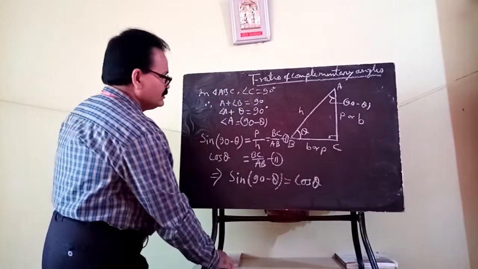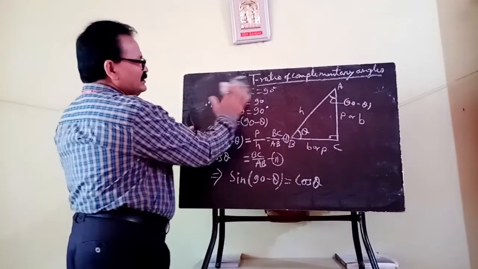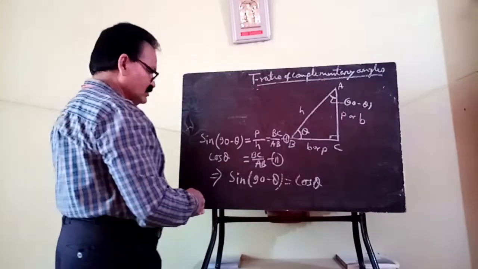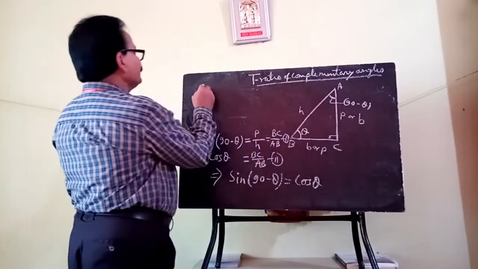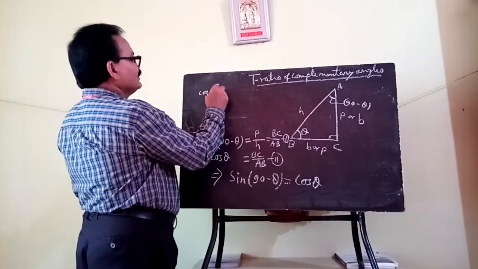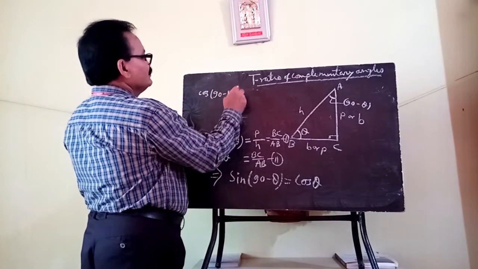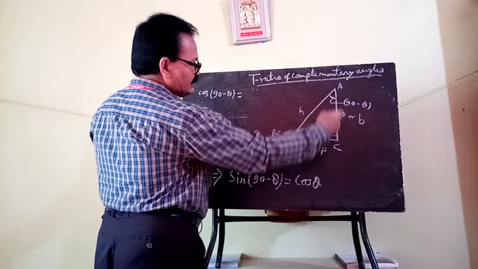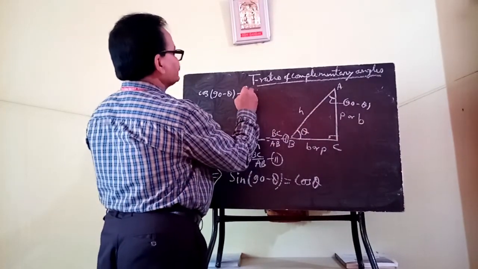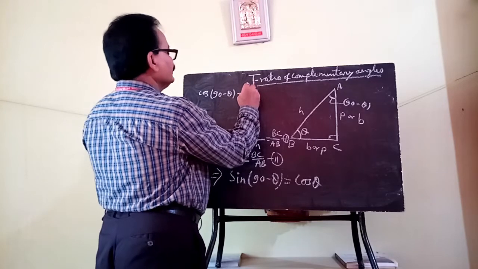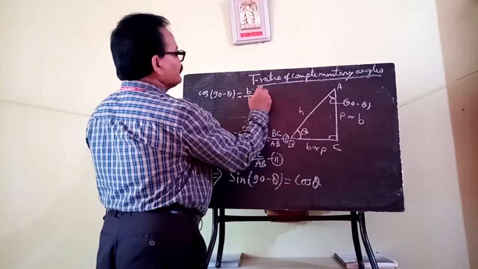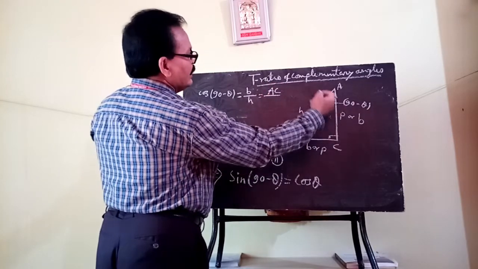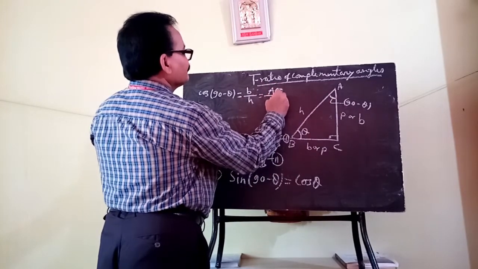Okay. Similarly, the other angle we are finding. Suppose for this angle you find cos 90 minus theta. For the cos value of this angle, AC will be your base. You know cos means the ratio of base and hypotenuse, so this will be AC by AB. This is equation 3. For angle theta, AC is the perpendicular, so sin theta is P by H, where P is AC and hypotenuse is again AB.